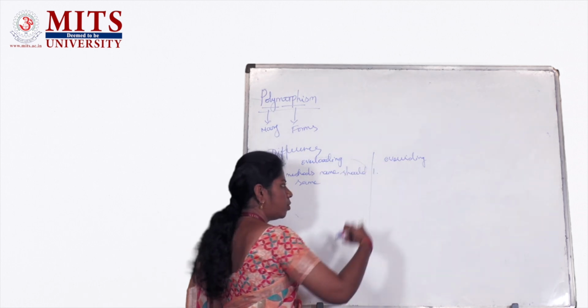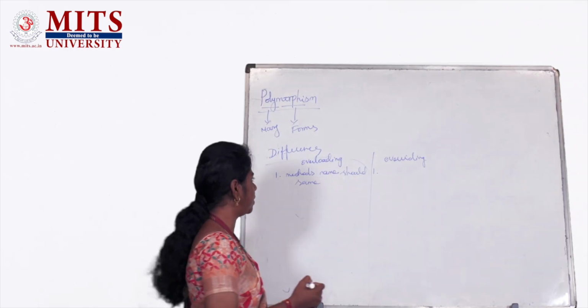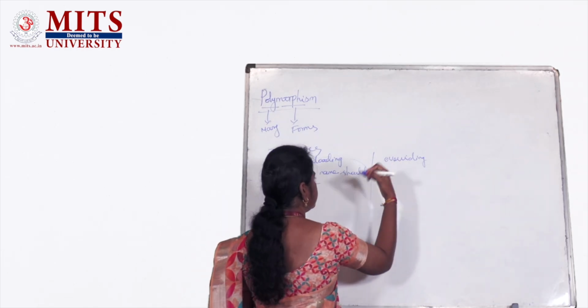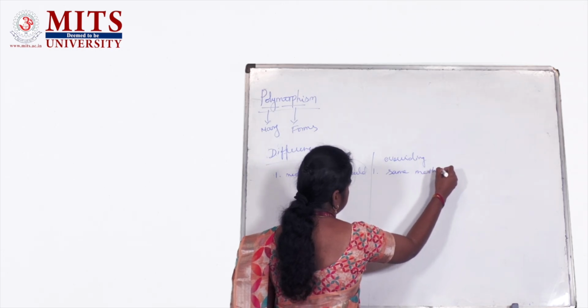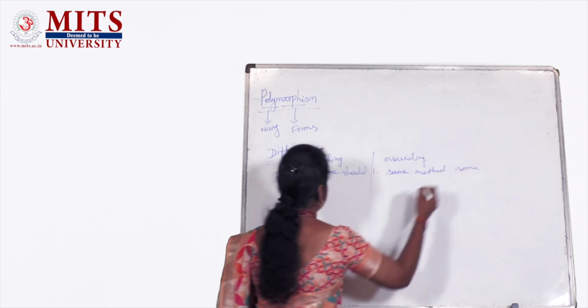Here in method overriding also, we should have multiple methods with the same method name. This is our first one.